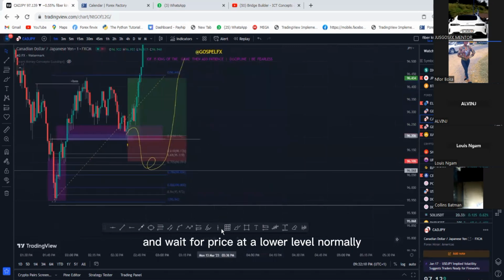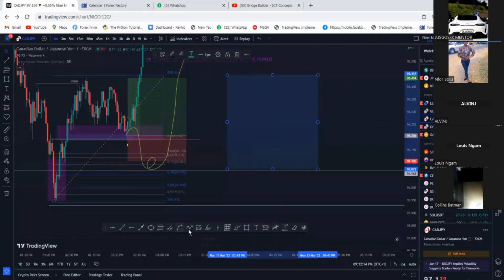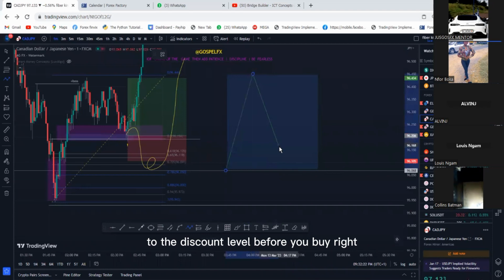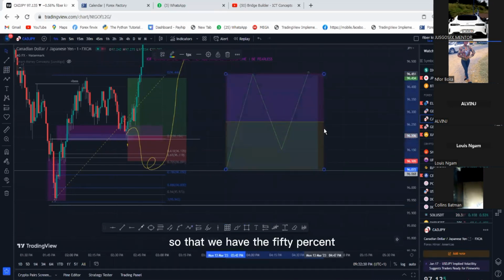Okay, normally in a price range like this, you will always want to see price come back down to the discount level before you buy. All right, if you draw your Fibonacci, or let me use this Gantt box so that we have the 50%.